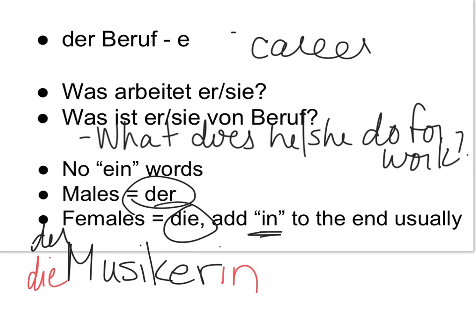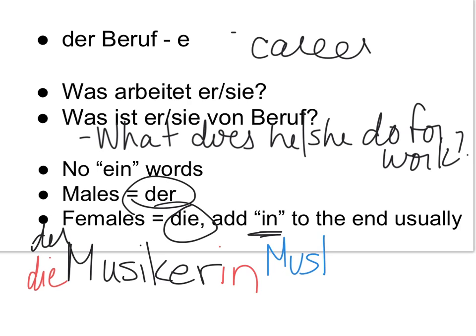They have started doing something a little bit more PC, especially when it comes to plurals. When you use the plural, like if you're talking about a whole bunch of musicians, whether it's all males or a mixture of genders, you tend to use the male version to make it plural. So it would be die Musiker, plural musicians. Mixed gender doesn't matter. Now they're starting to go a little bit more PC.